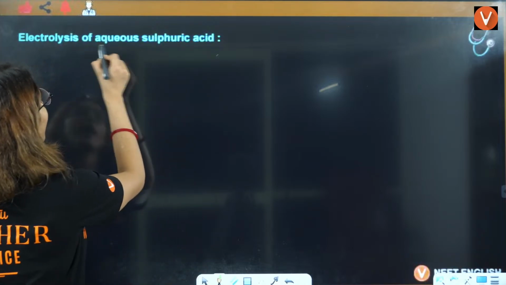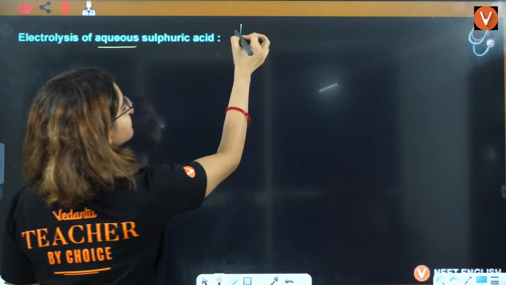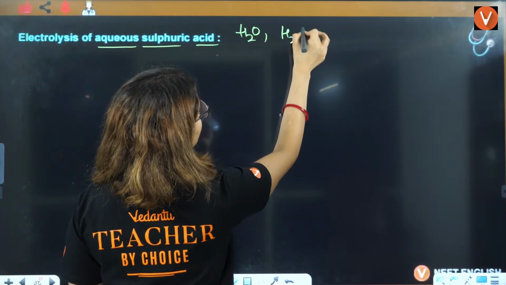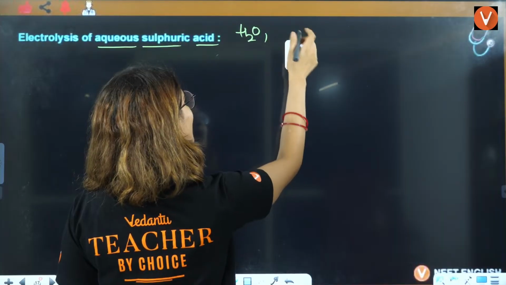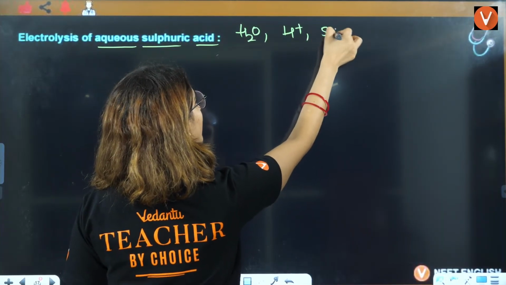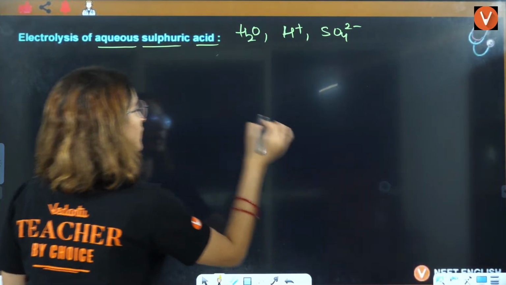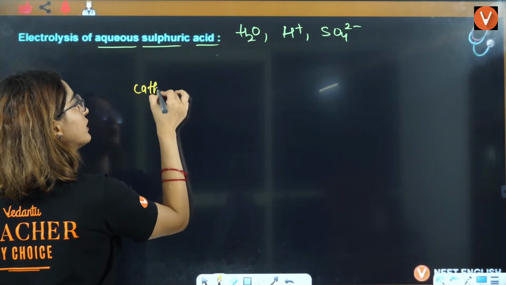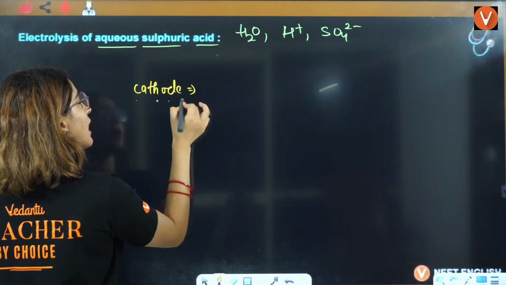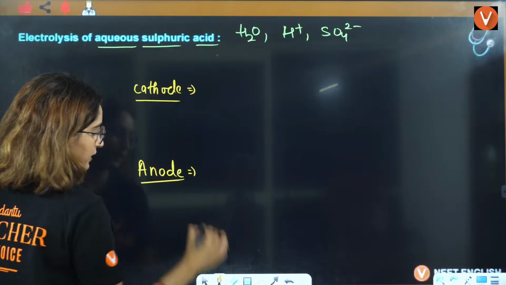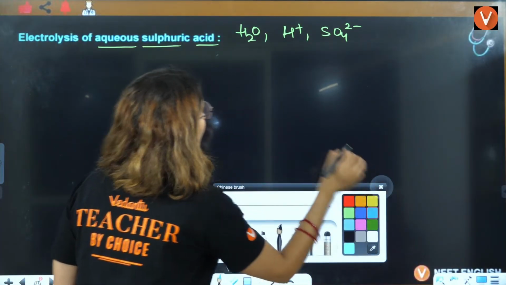So now, aqueous, that is water. Sulfuric acid is H2SO4, which has H positive, and you have SO4 2 negative. Now you have two things, one at cathode, other at anode. At cathode, what is happening?